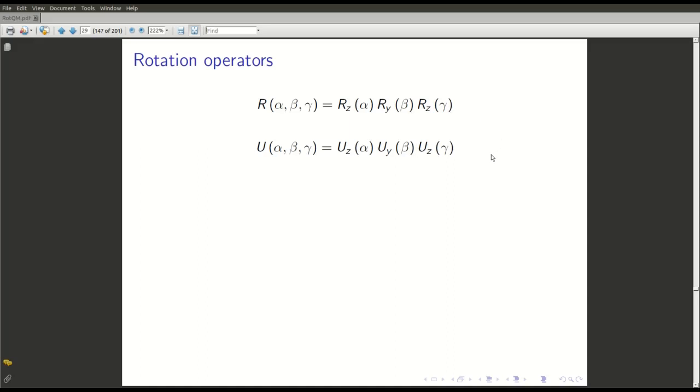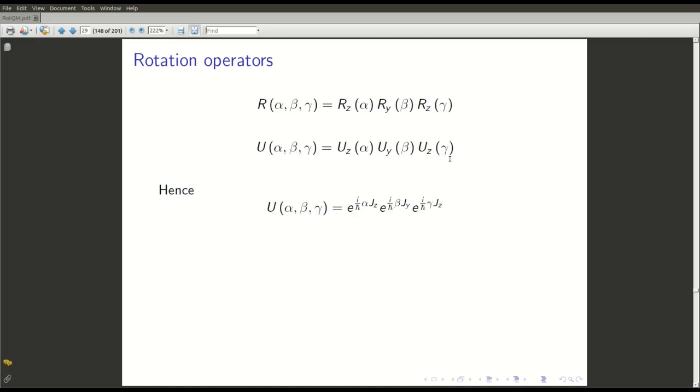And since we know what these individual rotation operators are, that they are exponentials of I times the angle by h cross times the generator, the angular momentum component in that direction, we easily get this result. U alpha beta gamma is e to the I by h cross alpha Jz times e to the I by h cross beta Jy times e to the I by h cross gamma Jz.